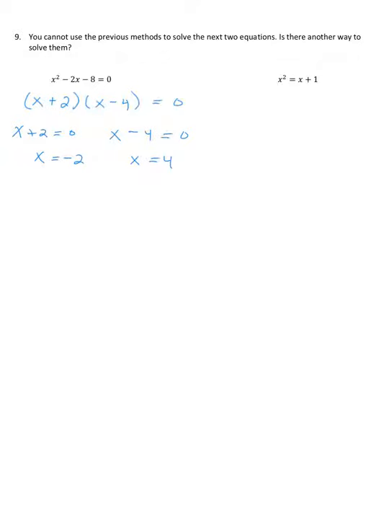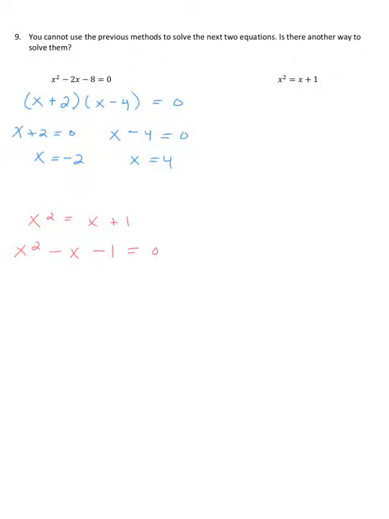X squared is equal to x plus 1. Do that one separately here. A good starting point would be to subtract x and 1 from both sides, changing the equation to this. And then you could, again, try to guess the factors. But if you try to guess, it unfortunately won't be as nice as this one.